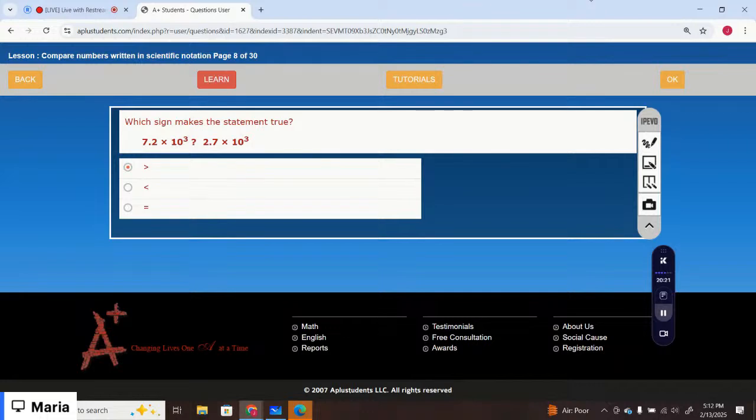Greater it is. Option number 1 is the correct option. Okay, you can complete the lesson by yourself later today. Let's just move on to the next lesson.